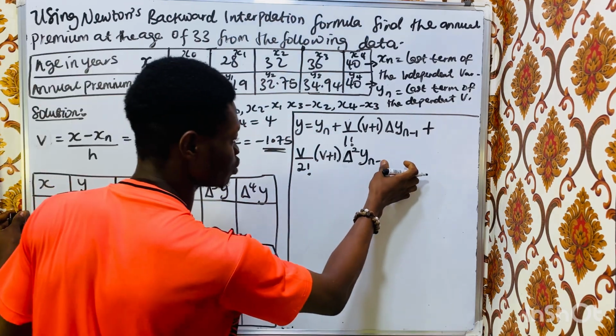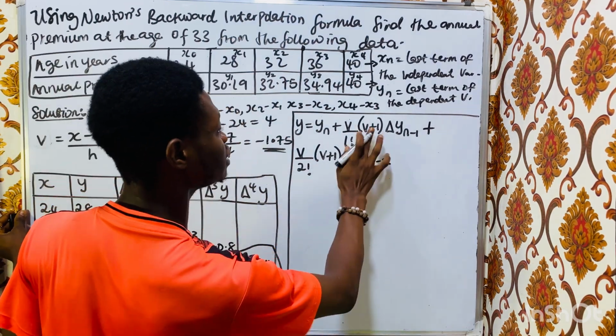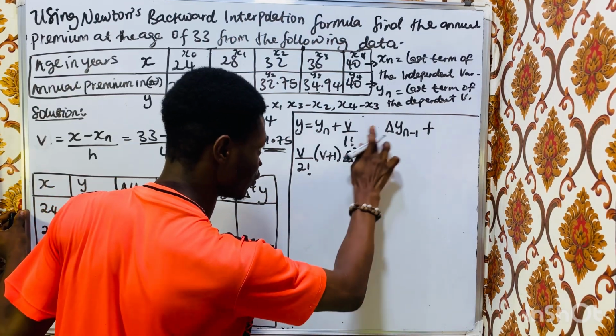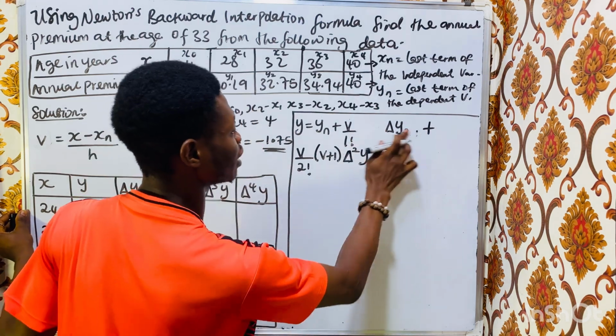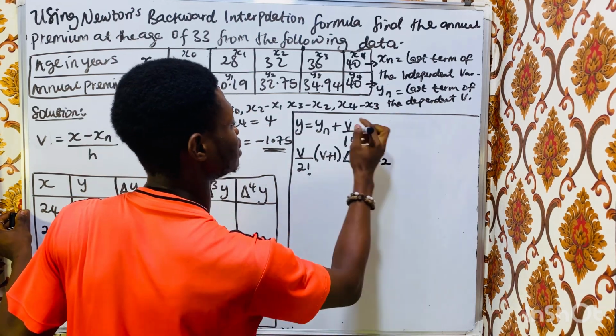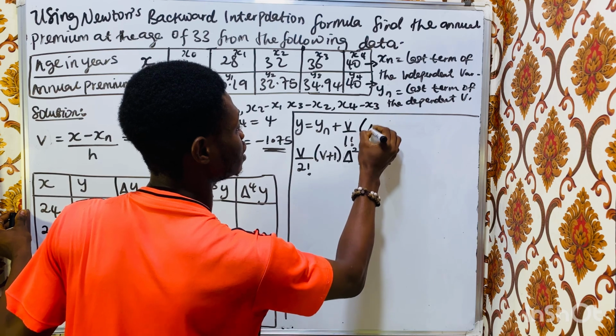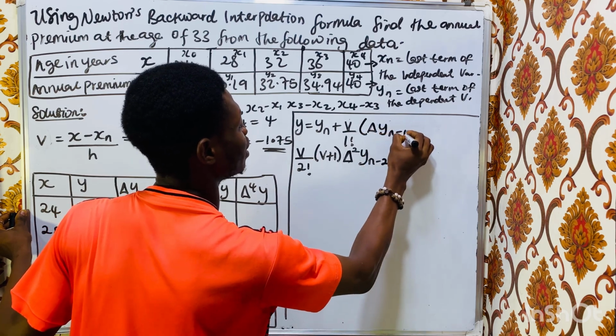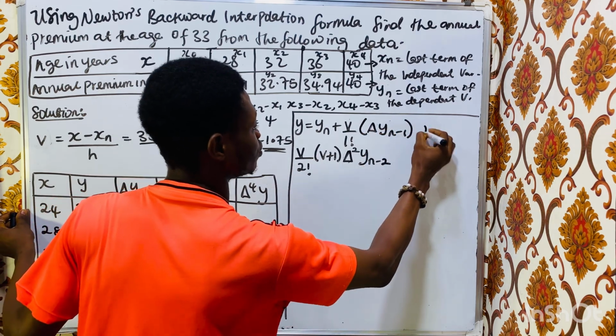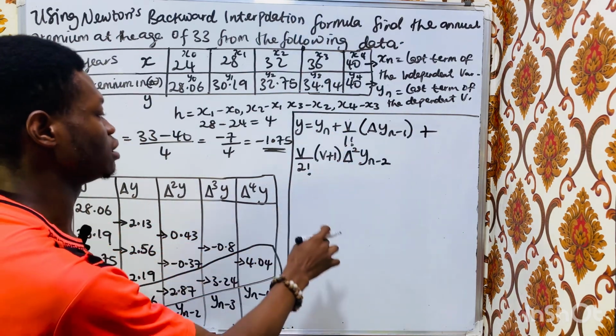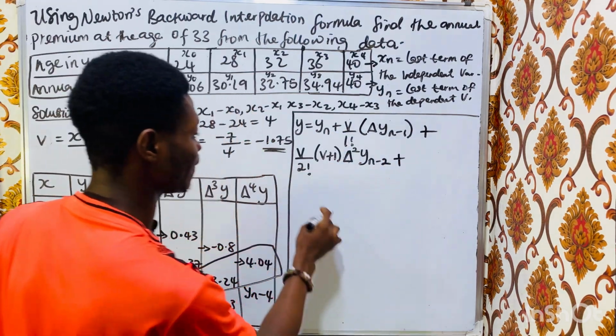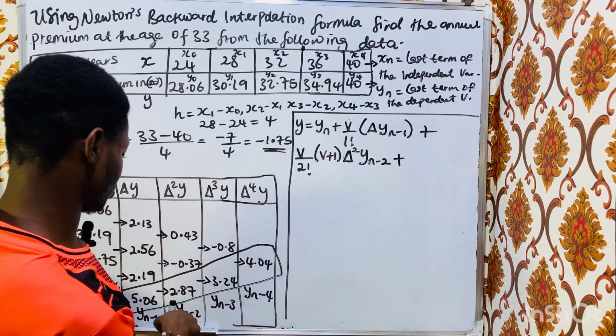Sorry, it's not minus 1, minus 2. And this place don't carry this, it's only this. Let me write it. Only delta y sub n minus 1 plus. So that's it. Then the next one will be delta squared y sub n minus 2 is this.